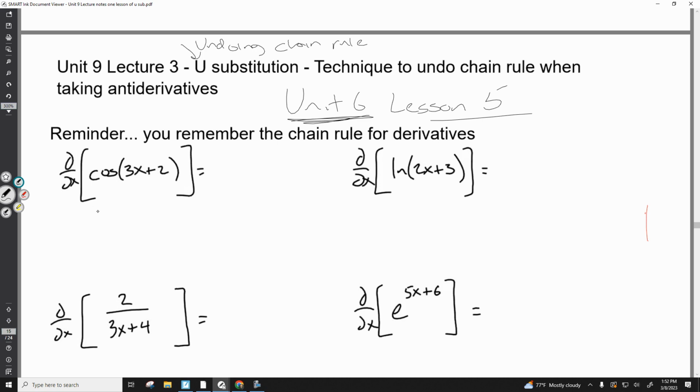To undo the chain rule, you need to know how to take the chain rule. You need to know how to take a derivative of something like this. Take the derivative of cosine 3x plus 2.